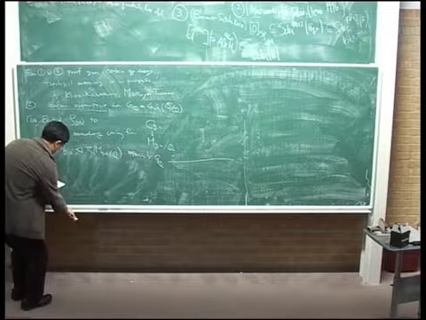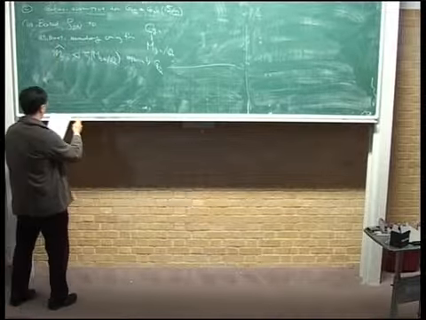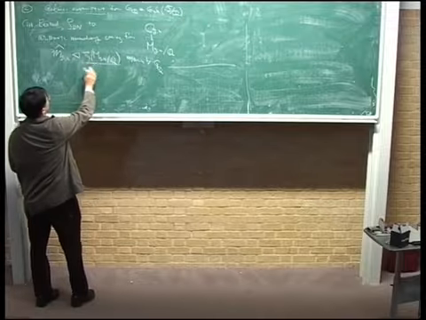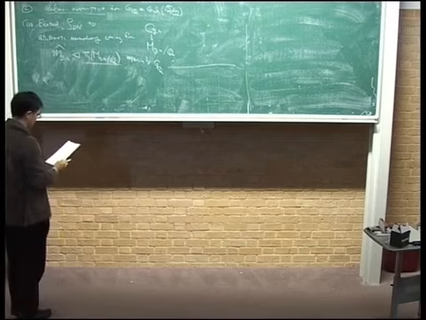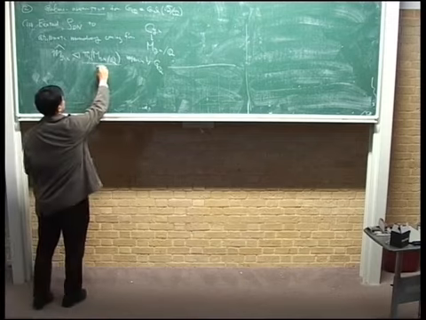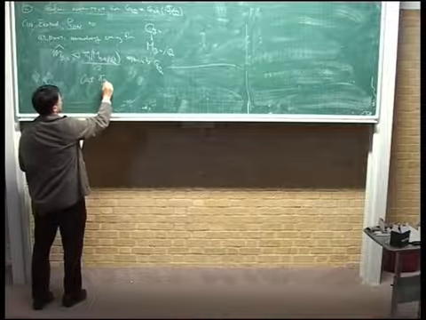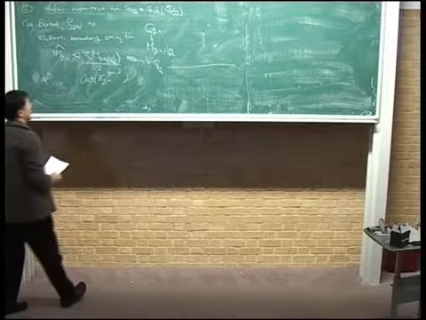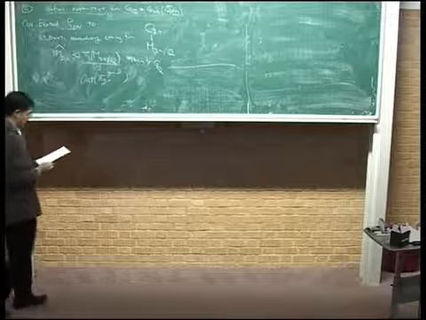Then this group is a bigger group than the mapping class group, which acts naturally on the outer automorphisms of the profinite completion of the fundamental group of the Riemann surface.